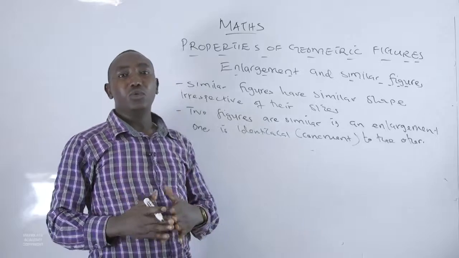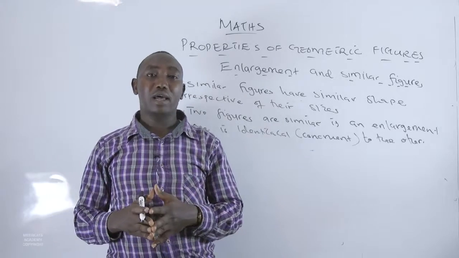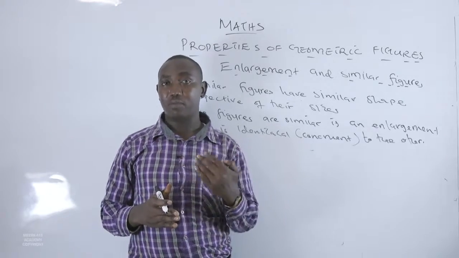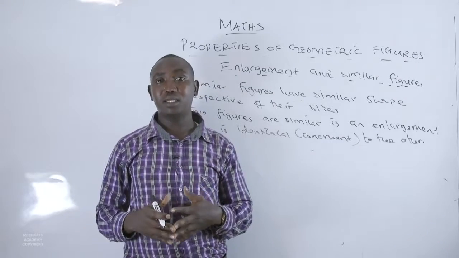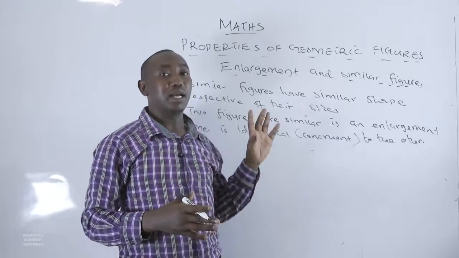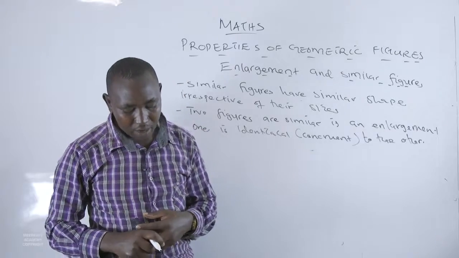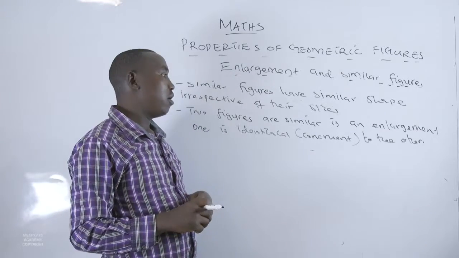So long as the two figures in question are similar, that means they portray the same shape irrespective of their sizes, then you can say that enlargement has been done on those two objects.